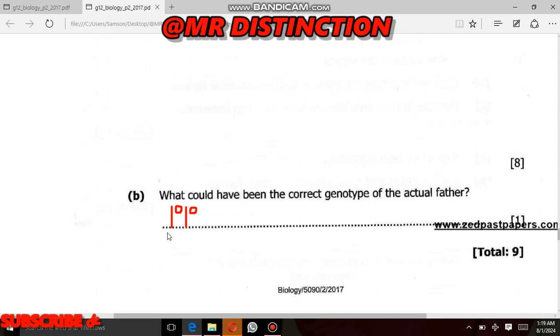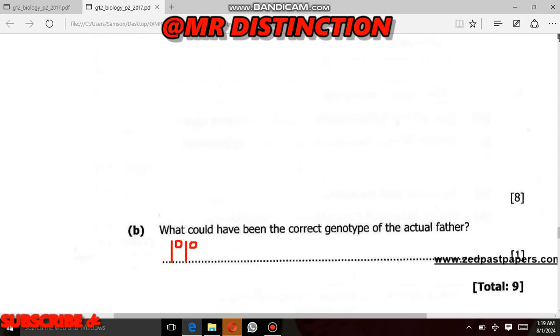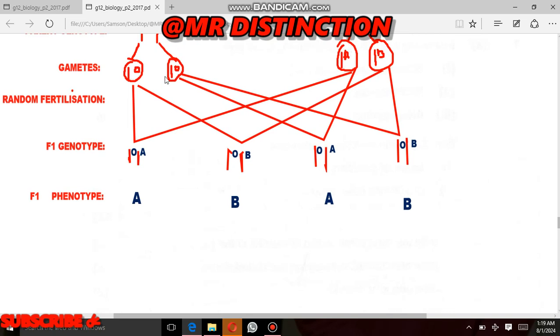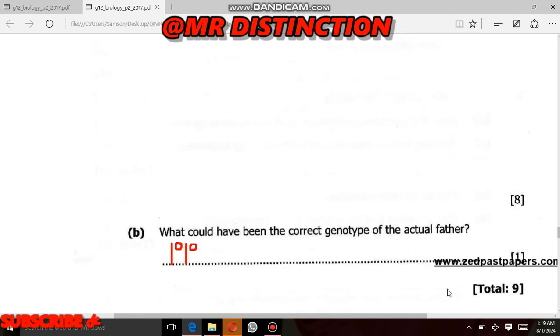The actual father could have blood group O, because if you cross blood group O with blood group O, it will give us children who have blood group O. So the father could have genotype IA IO, IO IO, or IO IB.